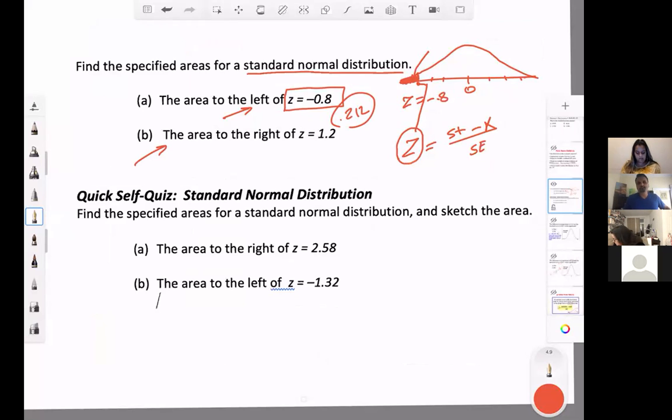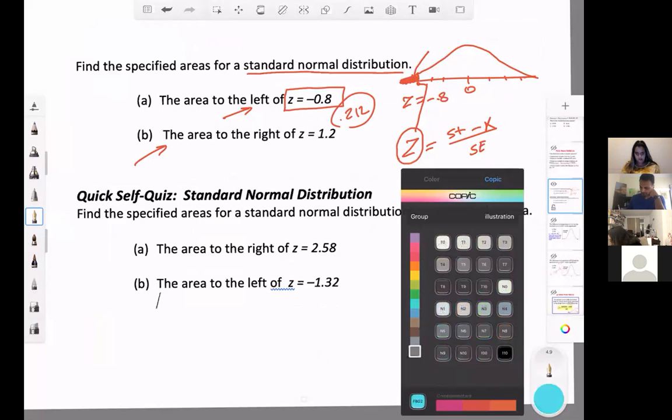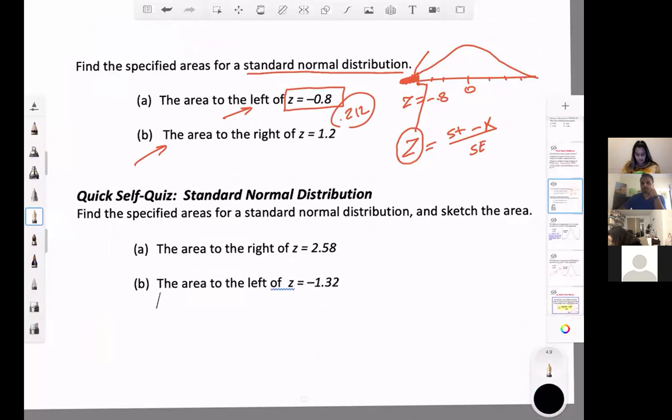But we need to be very strong on this concept for the next section. Rocio, what do you get for Z equal to 1.2? I haven't solved it. Okay, Manipur, what do you get? I got 0.115. Very good. That's the answer.